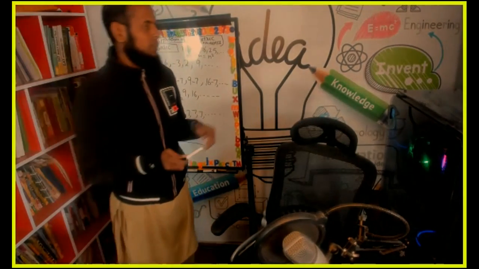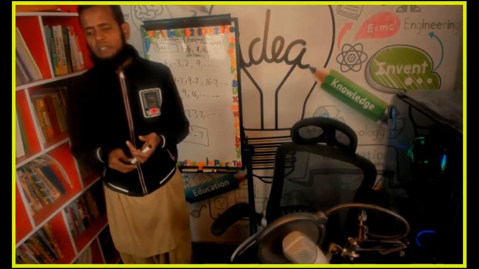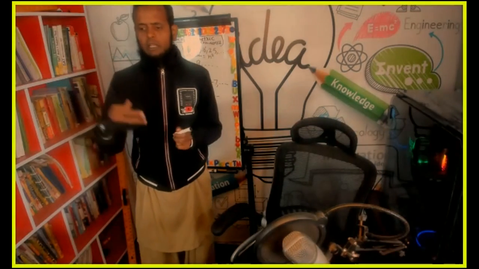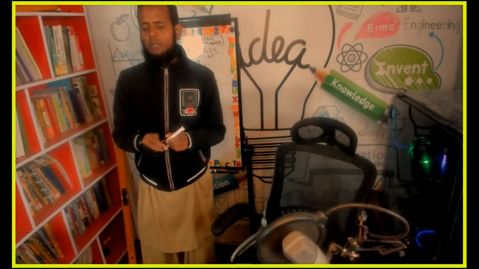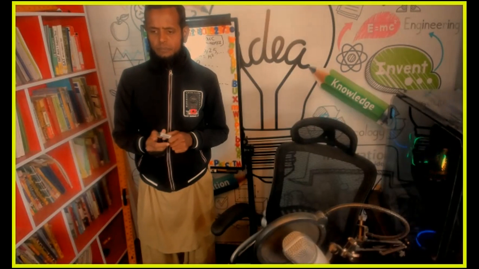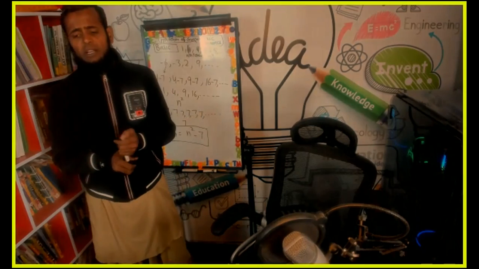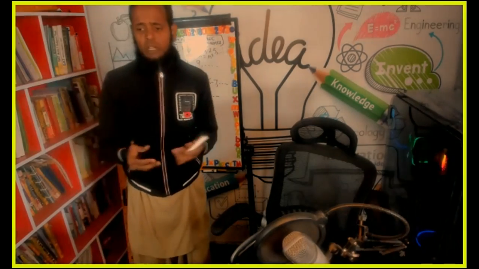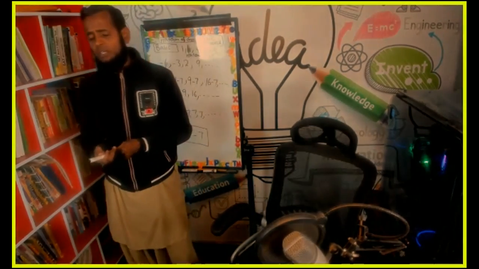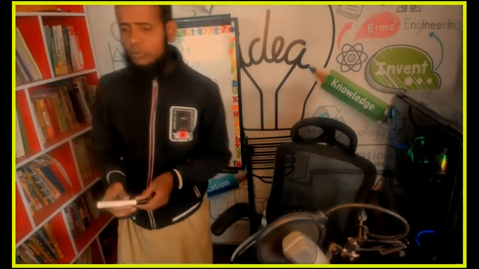And you should know how to solve geometric, arithmetic, and quadratic sequences. You should understand the concept and work hard. I hope you will become strong in math, and your concepts will become good.